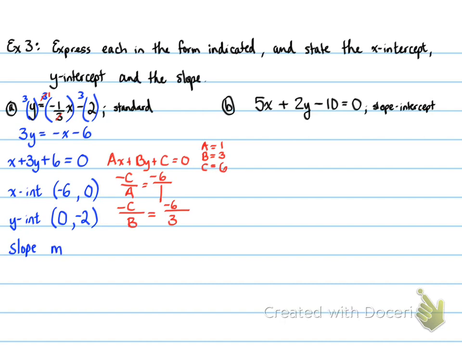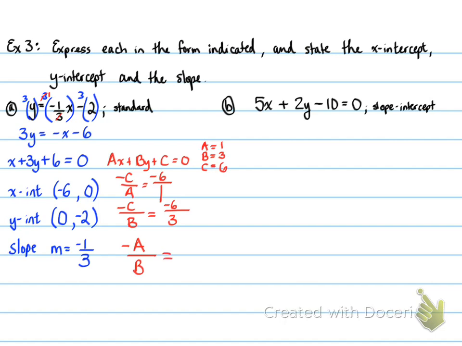The last part is our slope, m equals. Well, in the original question, we could find out that m is equal to negative 1/3, but we can also do that using standard form. Standard form says our slope is going to be negative a over b.